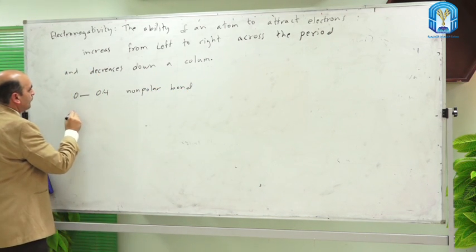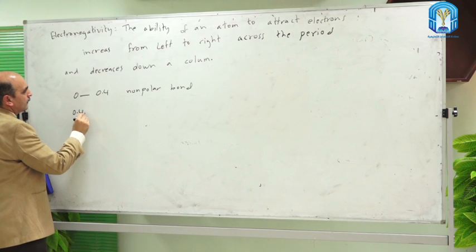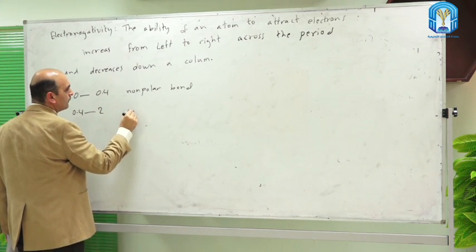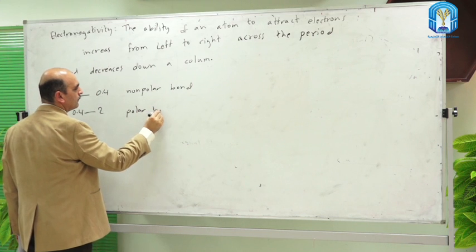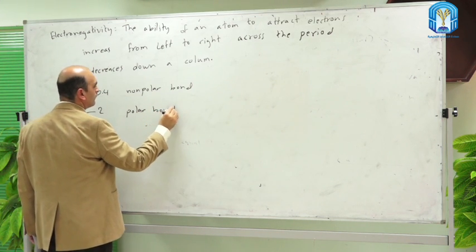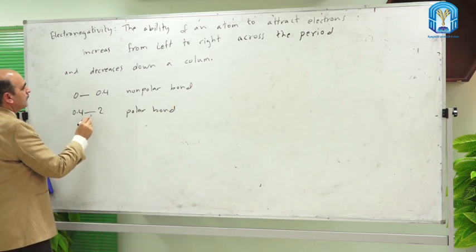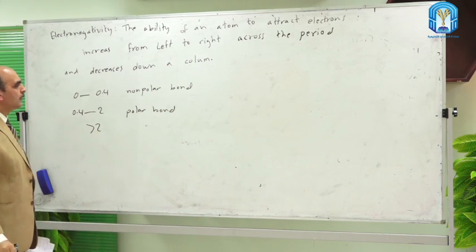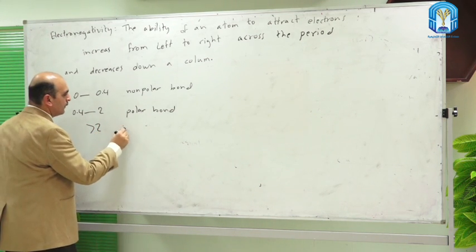And if it is between 0.4 and 2, it will be polar bond. And if it is greater than 2, it will be ionic bond.